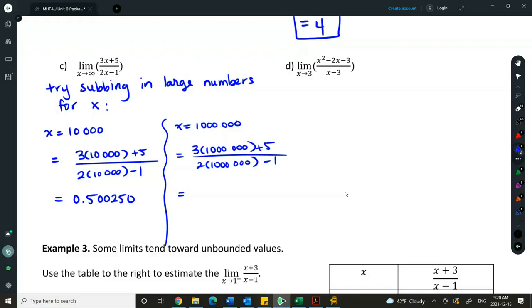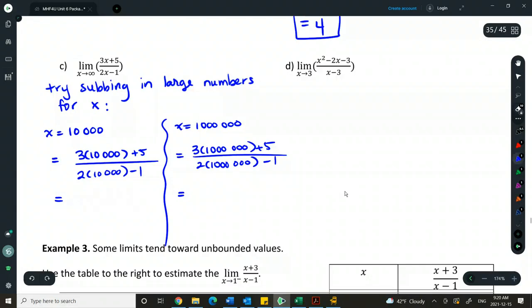Is this 0.5, Emma, or did you say 1.5? Okay, let's try this. 1.5. Yeah. Okay, I got that as well.